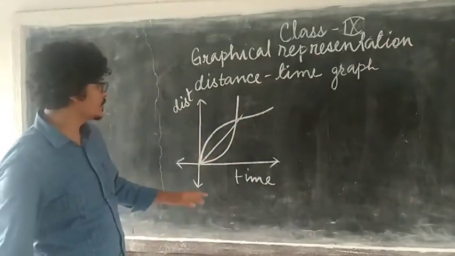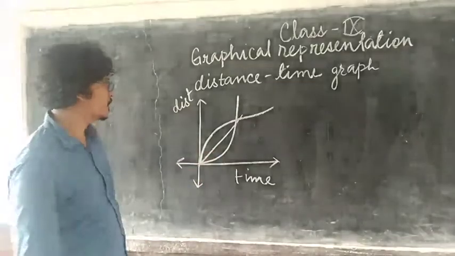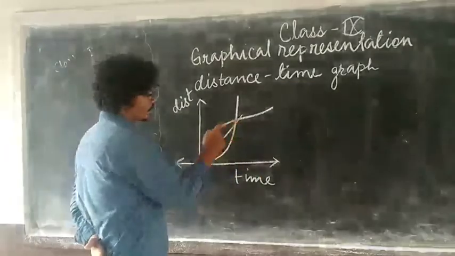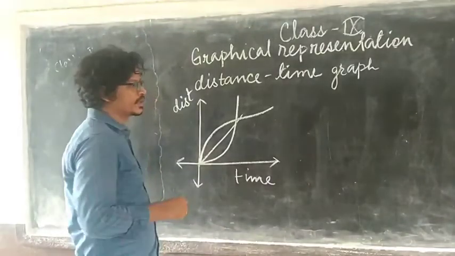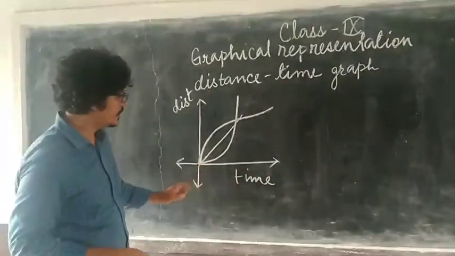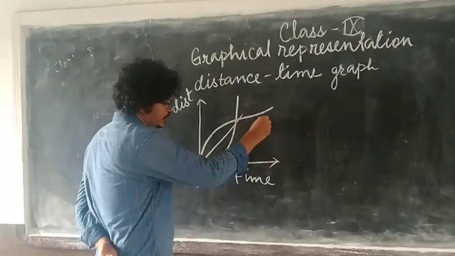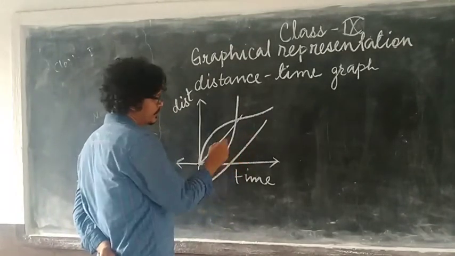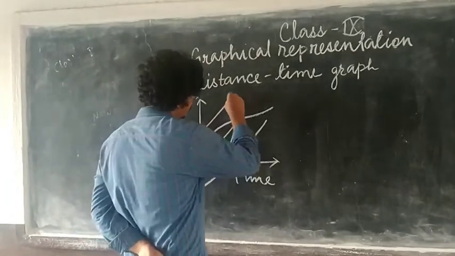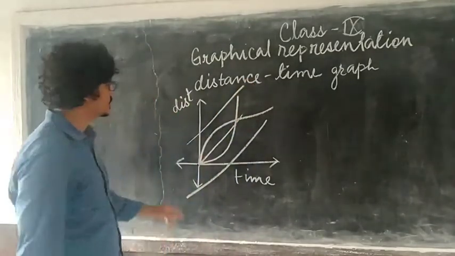We will focus mainly on straight line graphs. So what does a straight line graph represent? A straight line graph may pass through the origin or it may pass through somewhere else, something like this. This is also a distance time graph, or something like this. We will see various types of graph.